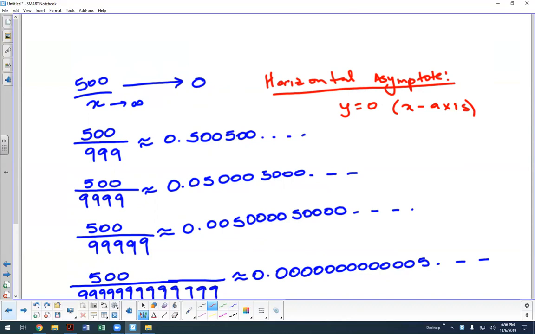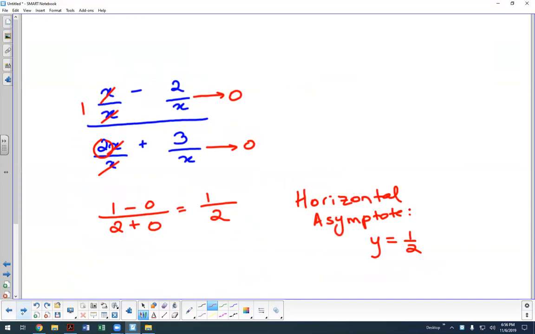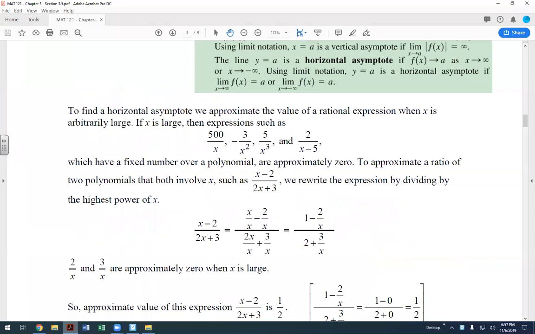Okay, so when you have constant on the top, x on the bottom, for all those types of functions, you're always going to end up at y equals 0 as your horizontal asymptote. For functions that have the same x degree, because remember this guy was x minus 2 over 2x plus 3, and you can kind of look at it here in the handout.